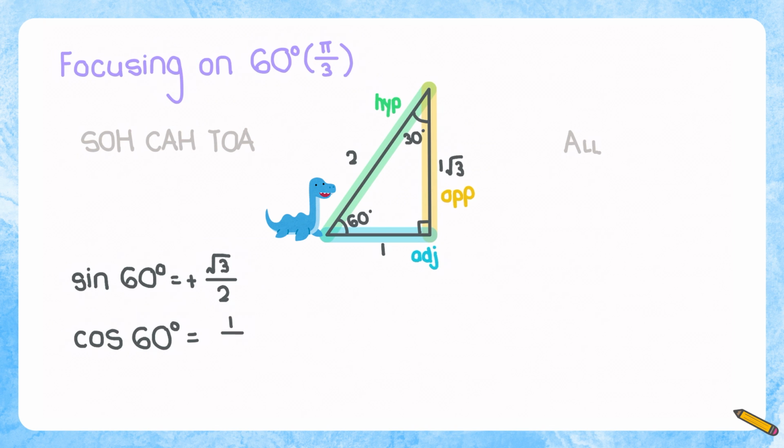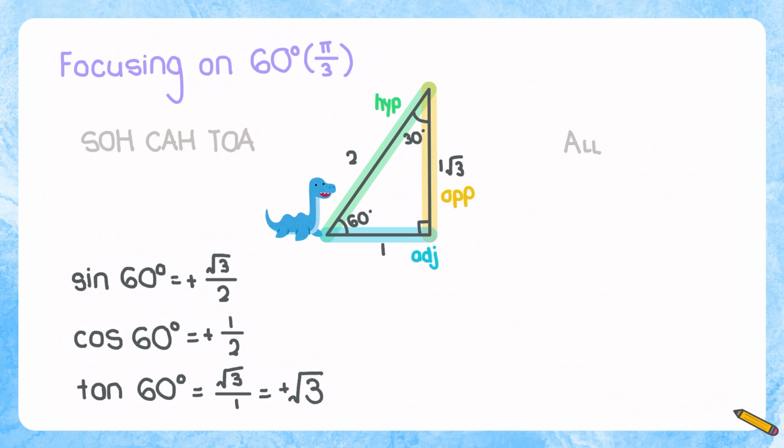So that would be 1 over 2. Again, positive. And then tangent of 60 degrees is the opposite side over the adjacent side. So that would be radical 3 over 1, which is simply positive radical 3.